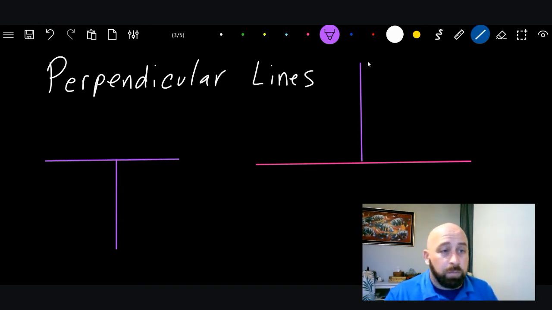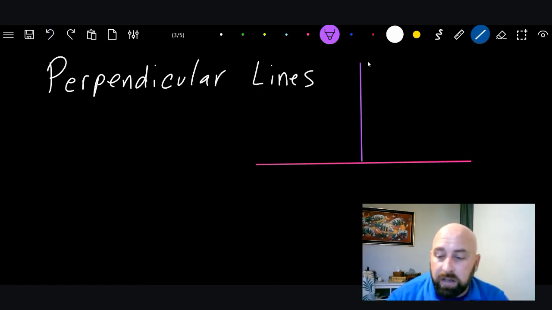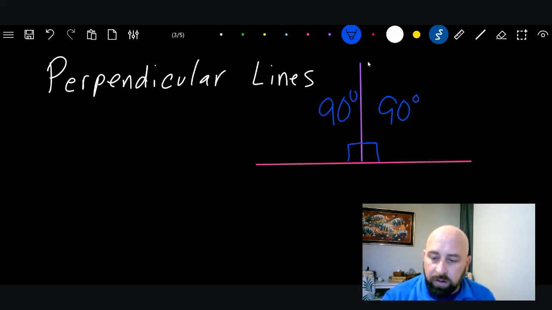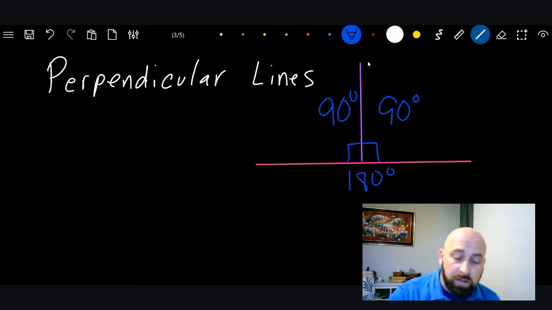Then those are perpendicular lines. Lines that form right angles. Those are right angles right there, both of them. So they form two right angles. Here's what perpendicular lines form: a right angle, a second right angle, and a straight angle. So that's what perpendicular lines are. And they can be in any direction they want to be. They could be here.